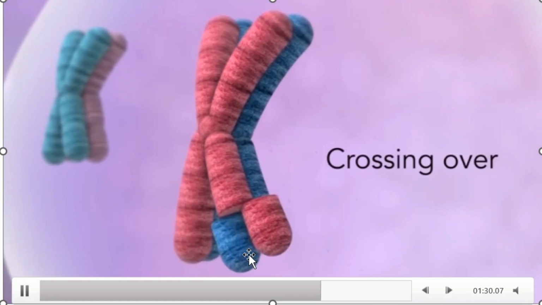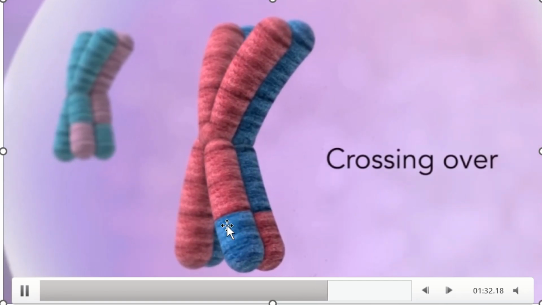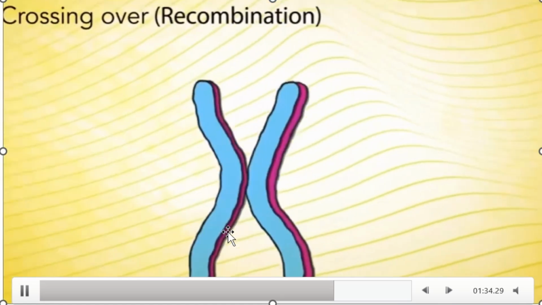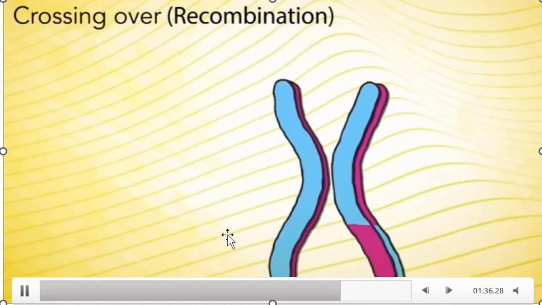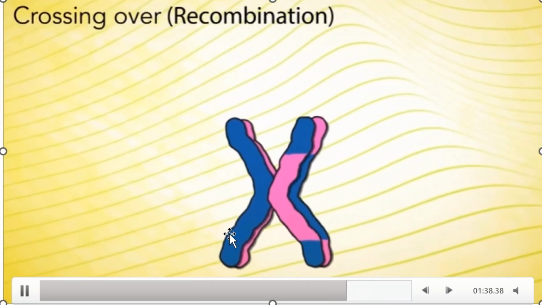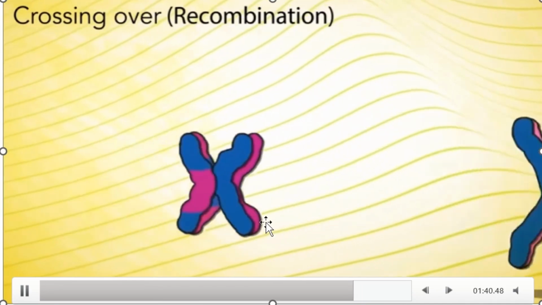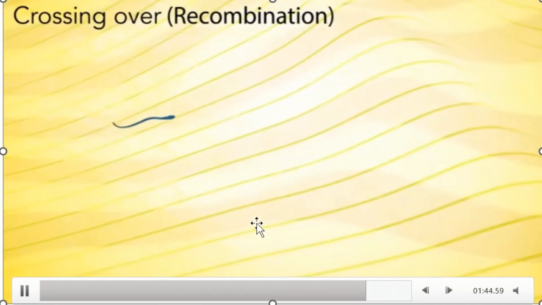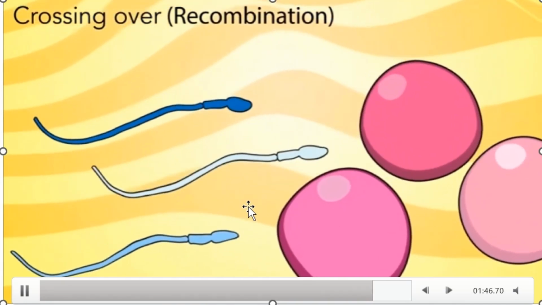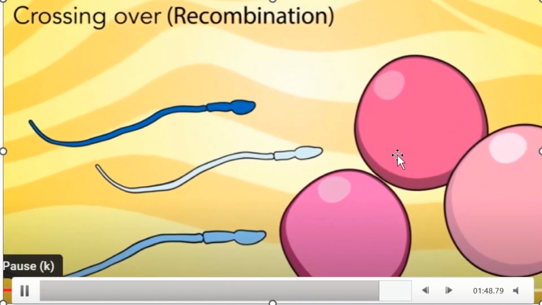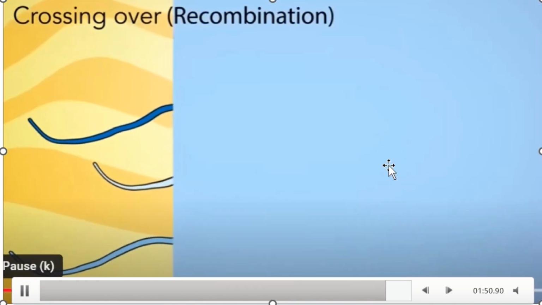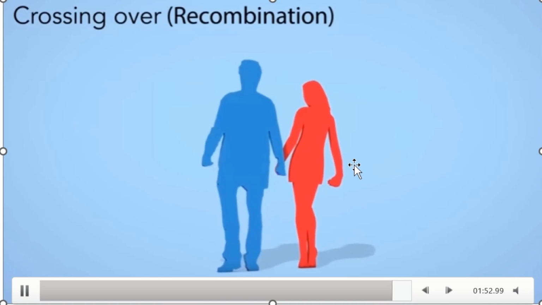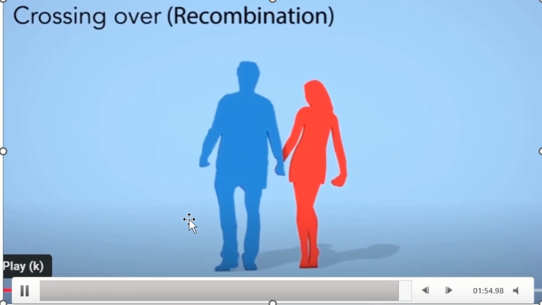In the resting stage, they will be chromatin. You can see the crossing over. Crossing over occurs. This is a recombination of the chromosome. I told you this has the nucleus and this also. So the variation happens because of this.